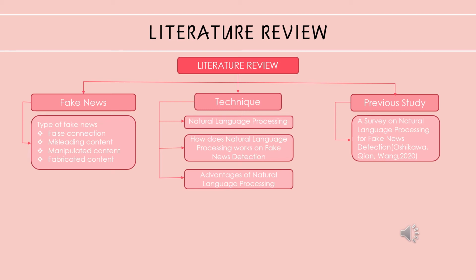The previous study for this system is from Oshikawa, Qian, and Wang, and the title of the research paper is A Survey on Natural Language Processing for Fake News Detection. It focuses on pre-processing.